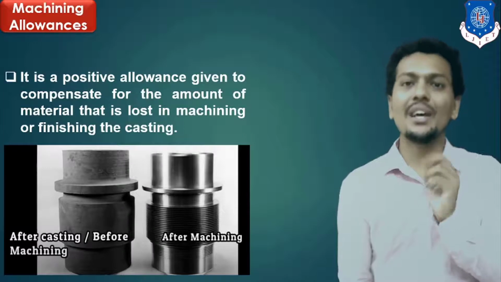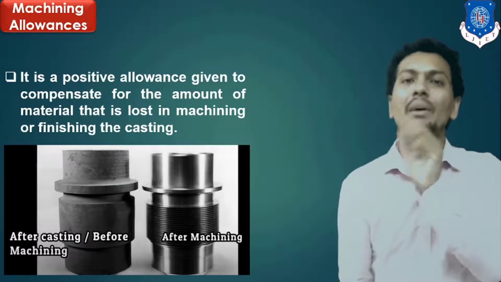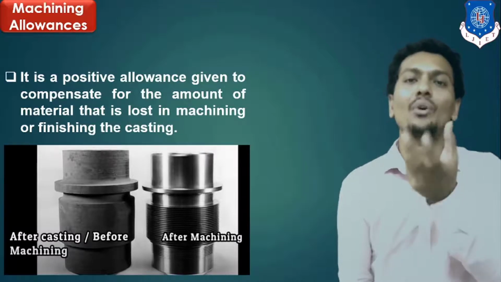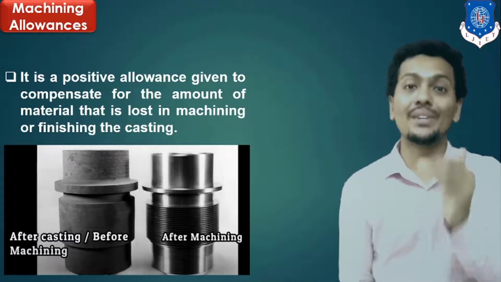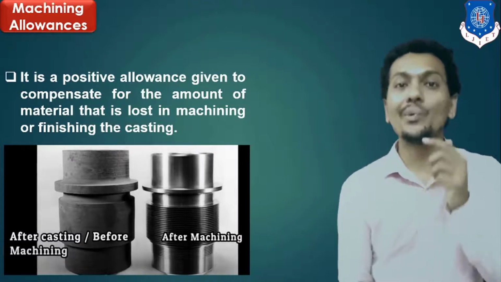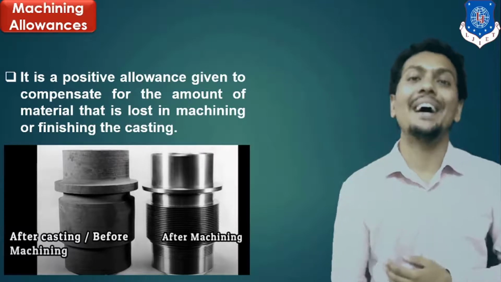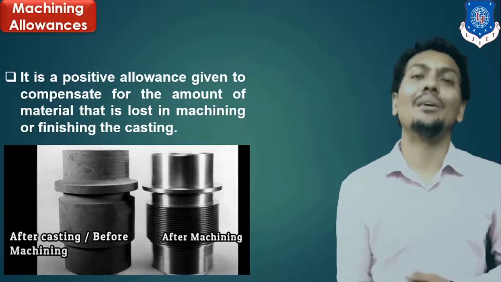If you make any product, the outer surface will be rough. For putting your product in any application, you will require a smooth surface finish. For that you have to do machining on the upper, side and bottom surfaces. This is nothing but a machining allowance.